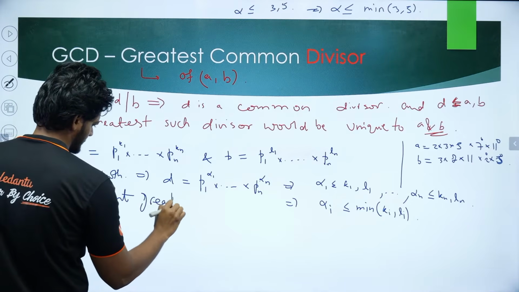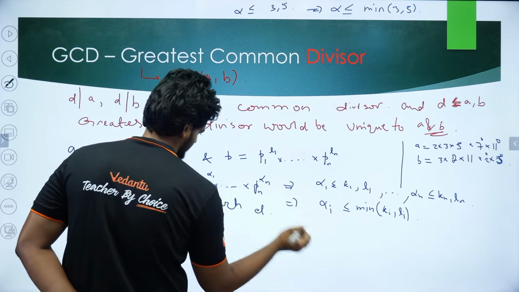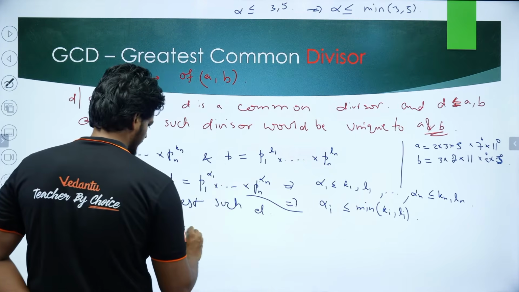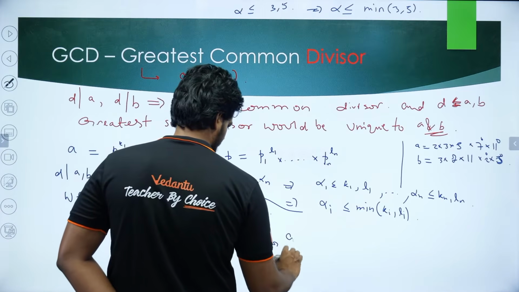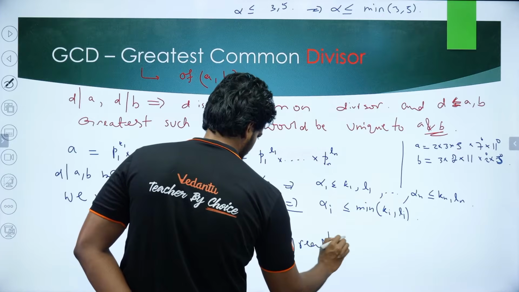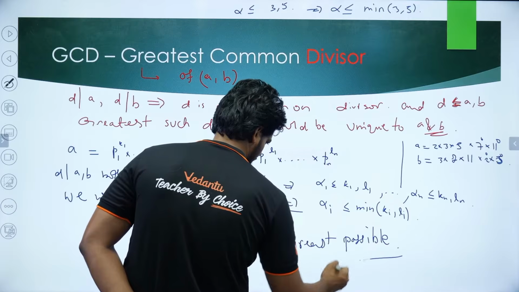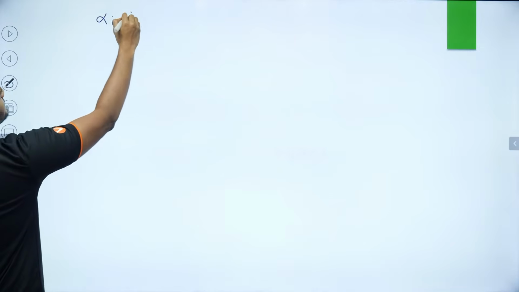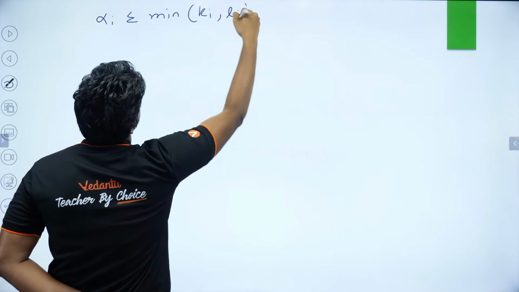Now, we want the greatest such D. What does that imply? All the alpha i's must be greatest possible. So each alpha i is less than or equal to the minimum of Ki comma Li.